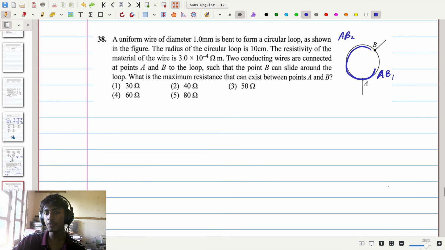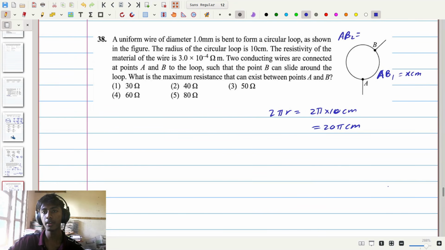The total length of AB1 plus AB2 is equal to the circumference of this circle. The radius is equal to 10, and therefore the circumference is equal to 2 pi r, or 2 pi times 10 centimeters, or 20 pi centimeters. Now if I say the length of AB1 is equal to x centimeters, then AB2 will be equal to 20 pi minus x centimeters.